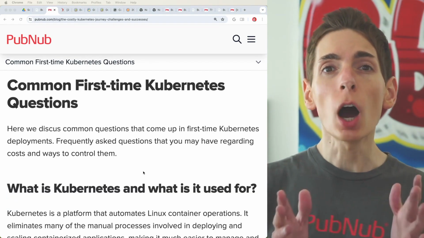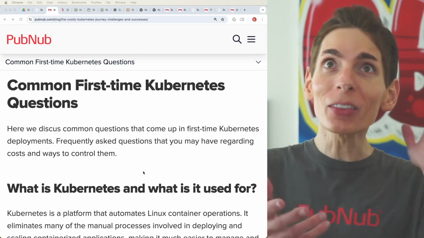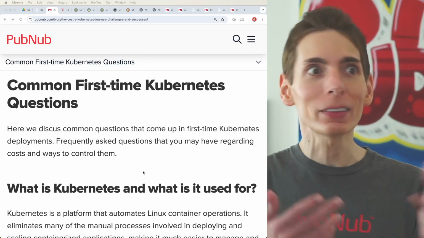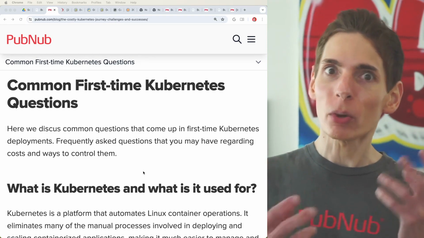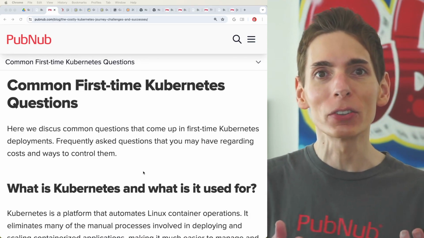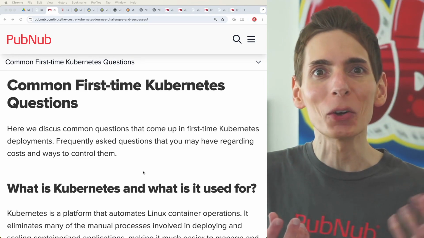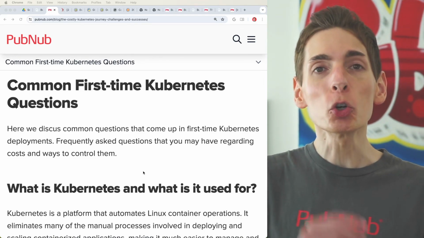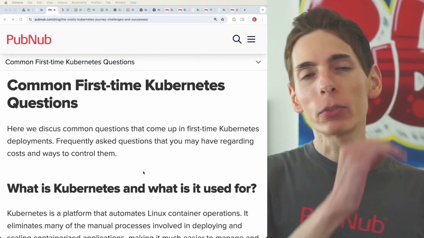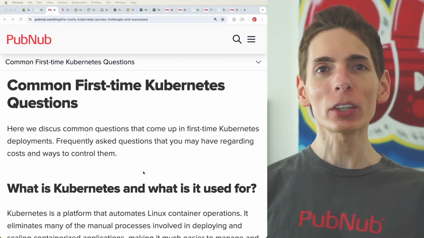Kubernetes, we have some common first-time questions if you're thinking about moving your infrastructure over to a microservices system. Although it's 2024 at this stage, everyone has probably already containerized their infrastructure. And so it becomes, how do you orchestrate those containers? And Kubernetes is usually the one that's at the top of the list that you would choose.